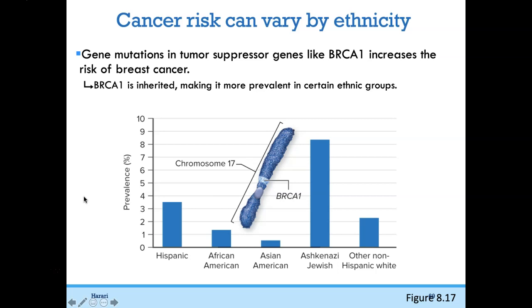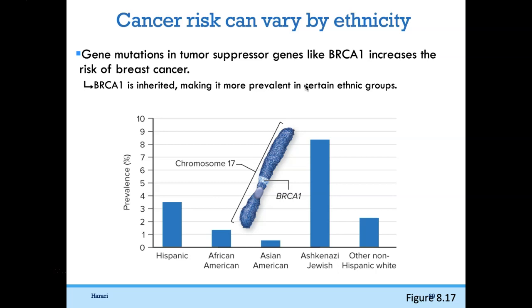So another tumor suppressor gene I'd like you to be familiar with is BRCA1. There's BRCA1 and BRCA2. And gene mutations in tumor suppressor genes like BRCA1 increase the risk of breast cancer. So I said before, cancer is not a genetic disease, right? It's not like you have this gene, you get cancer. But there are some tumor suppressor mutations.